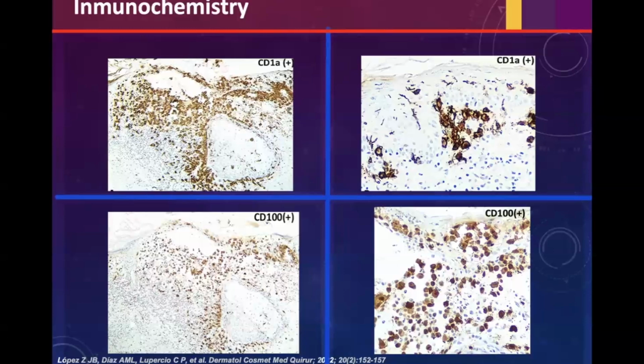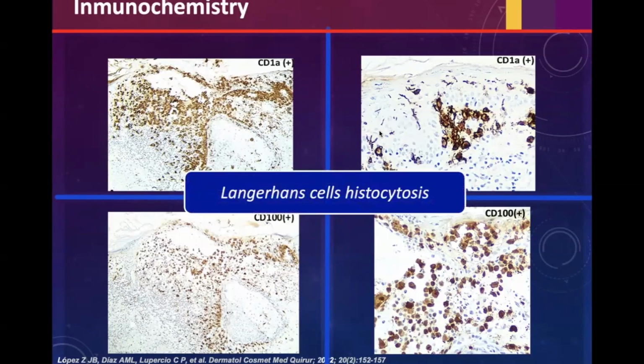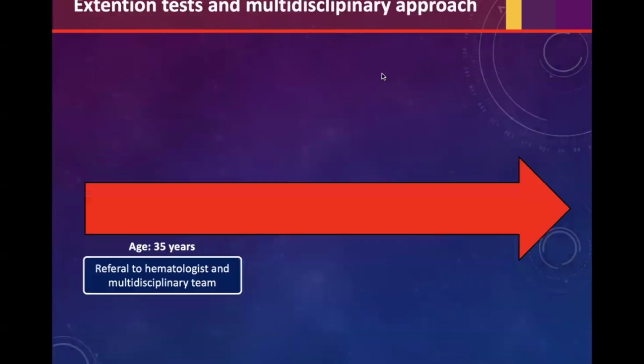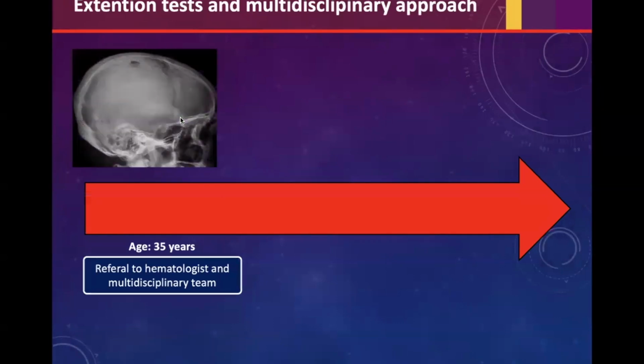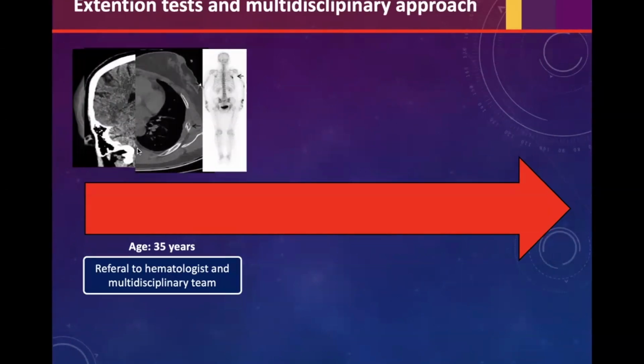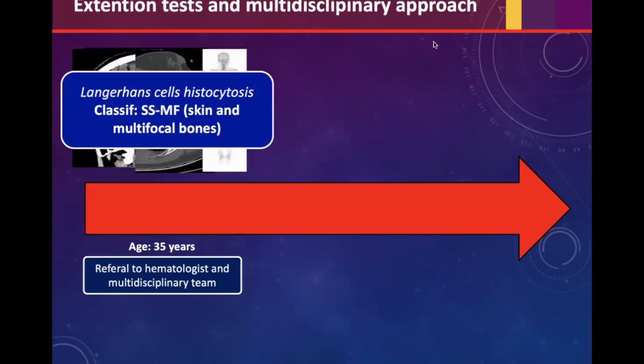We decided to perform immunohistochemistry markers, CD1a and CD207. Both were positive. Therefore, we considered the diagnosis of Langerhans histiocytosis. Now, this turns to an integral approach by a multidisciplinary team. So we referred to a hematologist and oncologist to perform a cranial tomography and radiography, and finally we found multifocal bone disease.